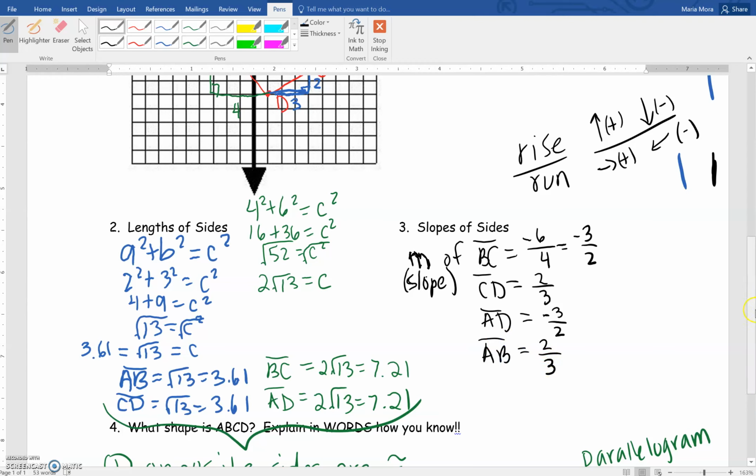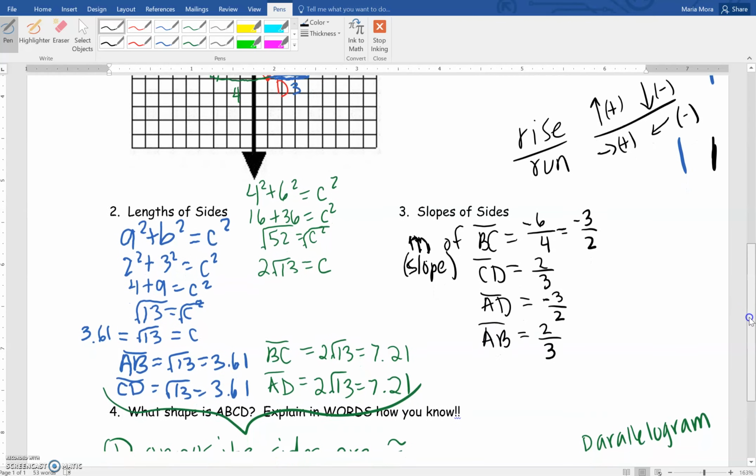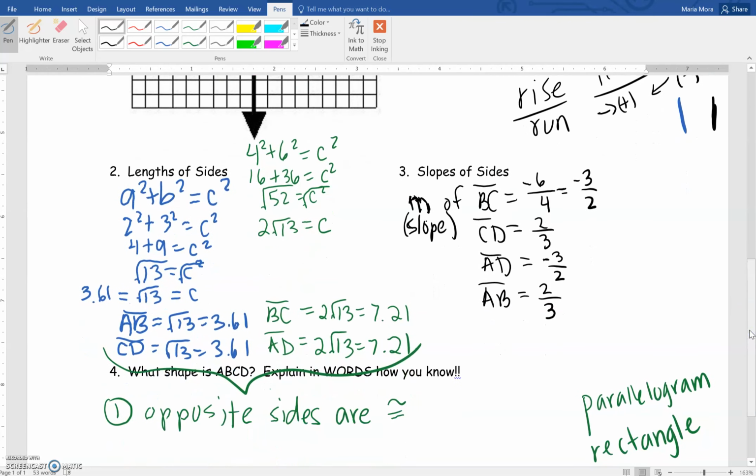So a few things that I notice. I notice that these two line segments are the same. If the slopes are the same, what does that tell us about the line segments? That the line segments are parallel. Same thing with BC and AD.